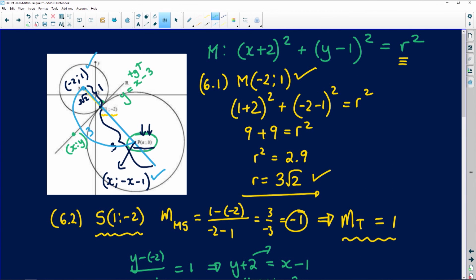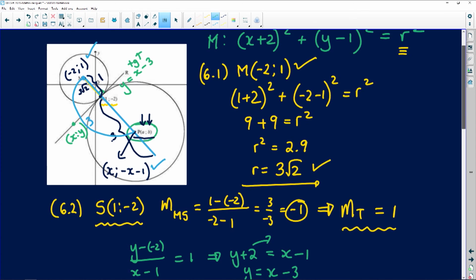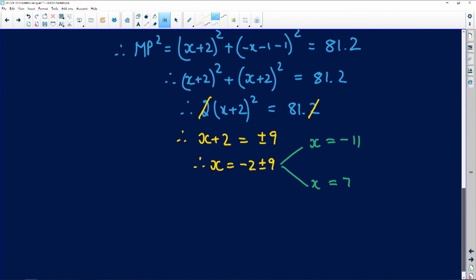Let's see from our diagram which one applies. If we go all the way back to the diagram, this x value lies on the positive side of the x-axis, so we're definitely not going to work with the minus 11. Again, it is a solution to the equation, but it does not apply to the graph that I want to work with. So I know that x is 7.